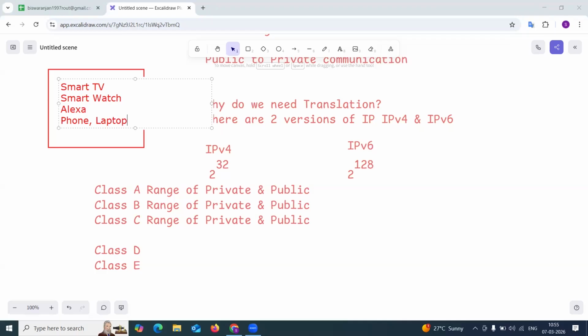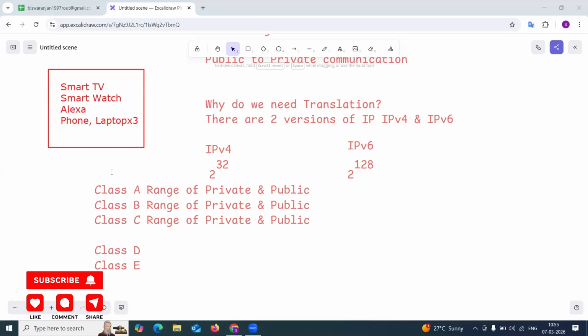And if we have two, three people, then obviously multiply by three, that many gadgets we will have in our home.